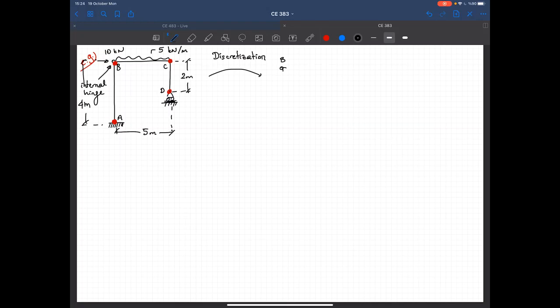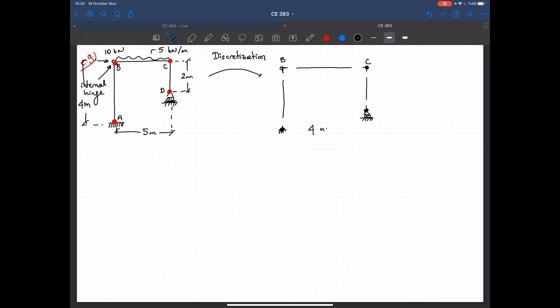I have a hinge here, point B, point C, member AB, point A, member BC, and member CD, and point D. And let's show that we have nodes here.